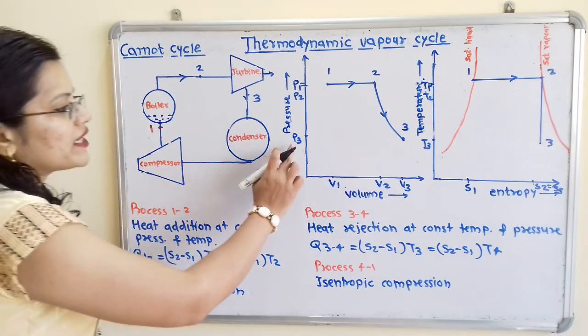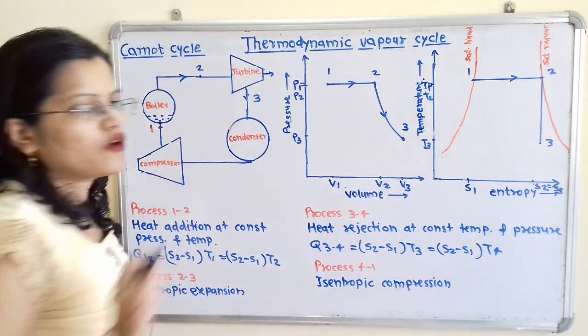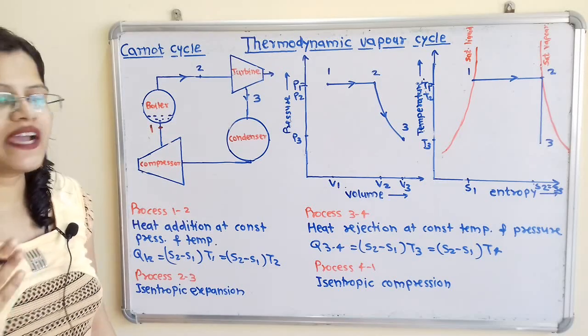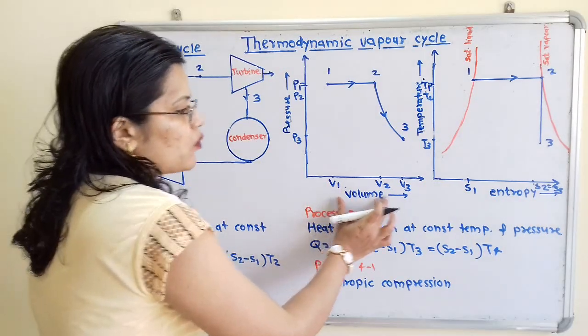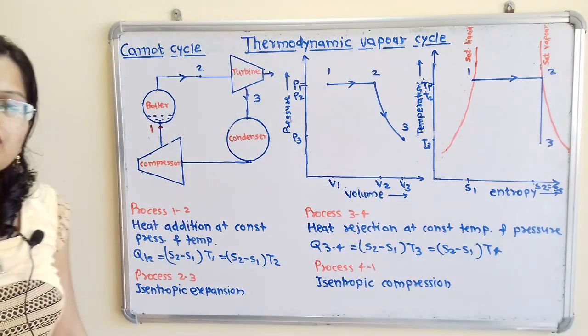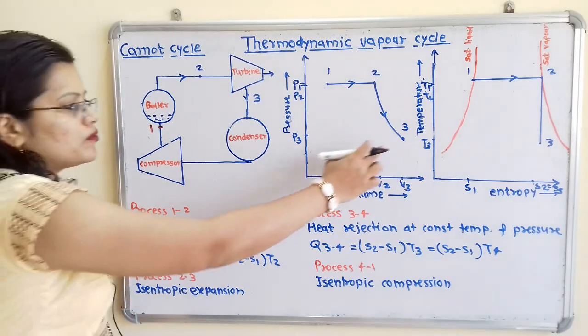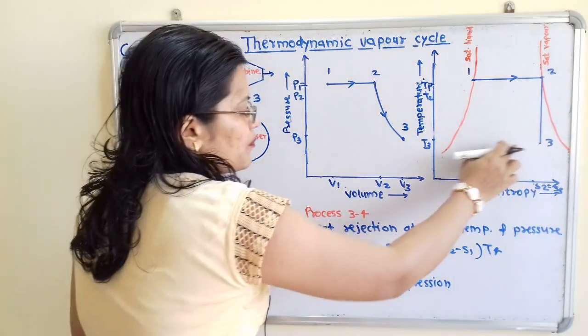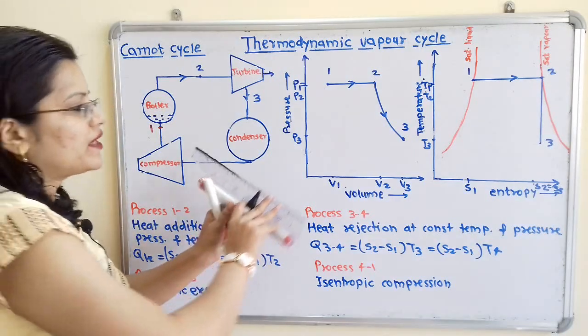So we have to keep this pressure constant, temperature constant, but what is the effect on remaining parameters, that is volume and entropy. So when cooling process is taking place, volume is getting decreased and entropy is also getting decreased. So we have to show this.